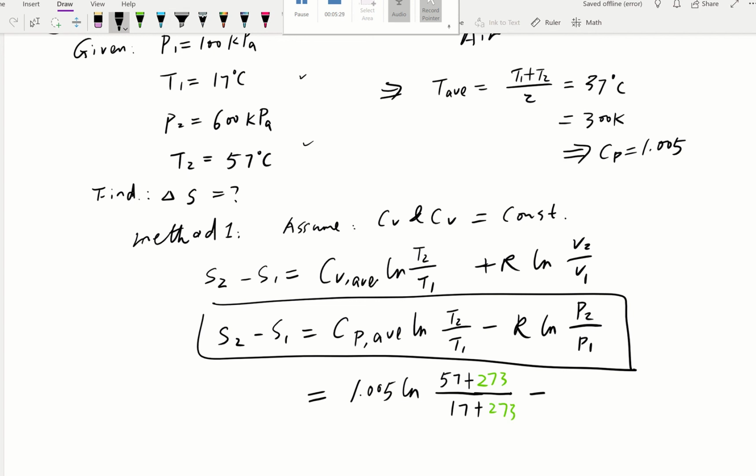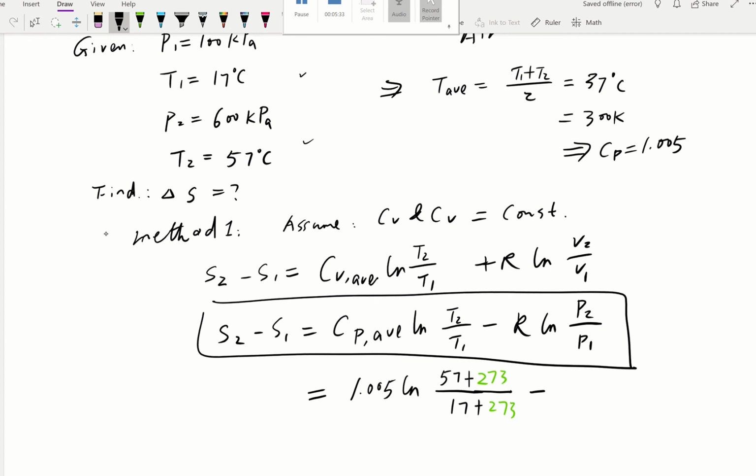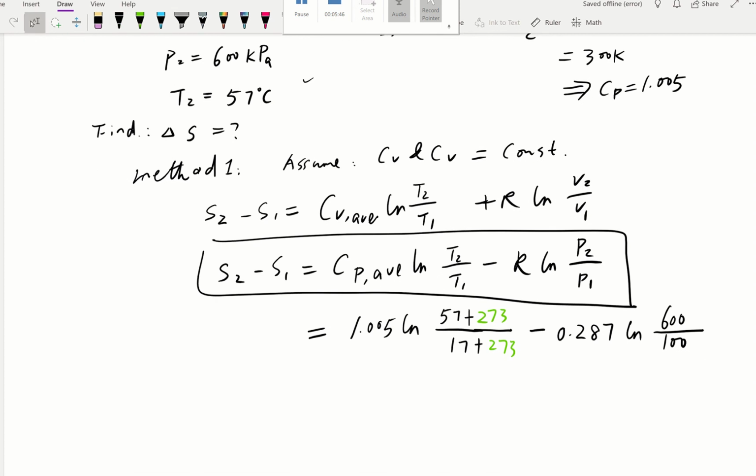Now R, what's the R for air? 0.287, right? That's from table A1. And natural log P2 over P1, that's 600 kilopascal over 100 kilopascal. Then we can put all those values in and calculate.